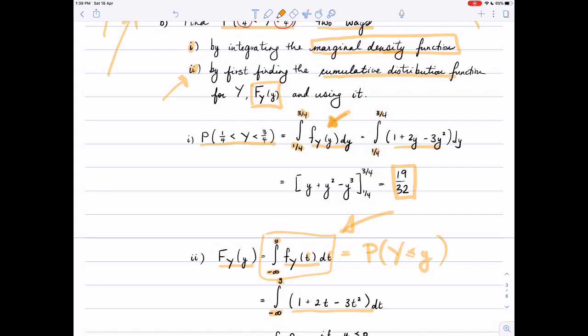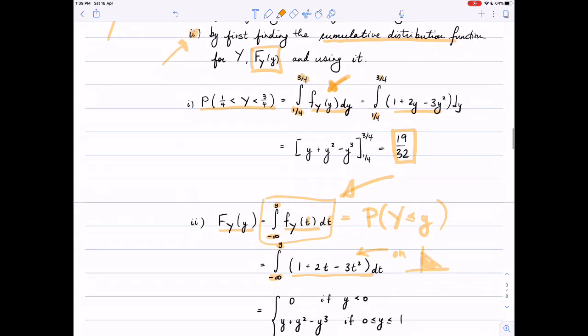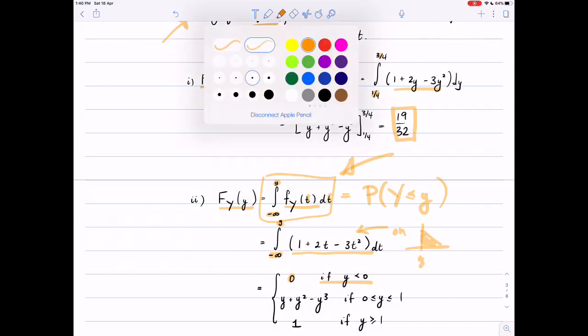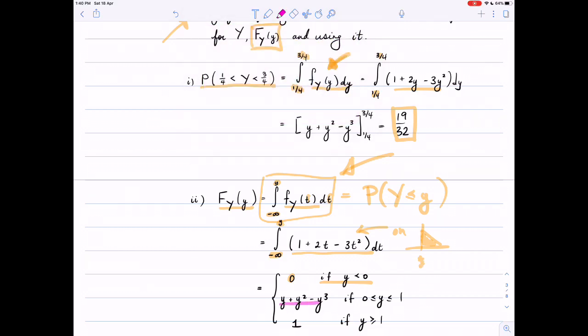So we're going to integrate from -infinity to y of the density function. Now I need to be careful. That density function is only equal to this on our triangular region, right? On our triangular region would look like this. Otherwise, it is 0. And so if I'm careful about where I'm integrating, I will get 0 if y is less than or equal to 0, on this part here. I will get y plus y squared minus y cubed if y is between 0 and 1, and so on this part here.